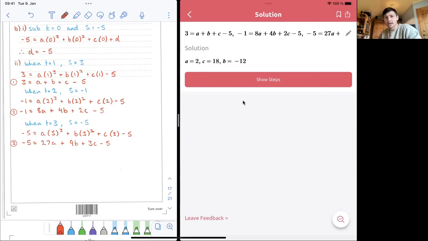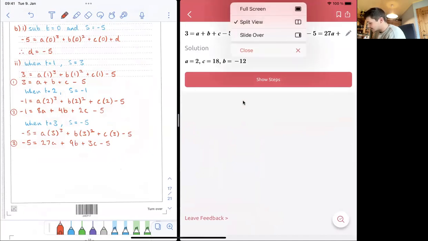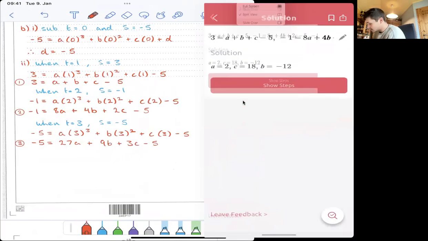It will definitely be able to do it if it's a GDC allowed for these exams. Okay, so let's put that in. A is equal to 2, B is equal to -12, and C is equal to 18. Okay, slide over.